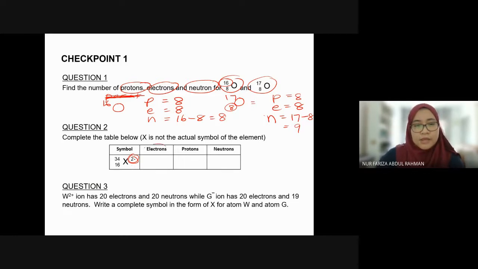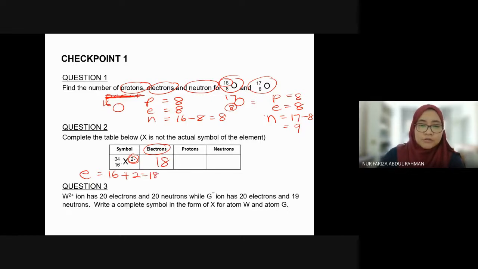All right, so we have electrons here. Do not forget that you have to total up the number of electrons. 16 is the number of protons, or the number of electrons if it is in a neutral state, without the additional electrons. Now that it becomes an ion, it becomes 16 plus 2, which is equal to 18.